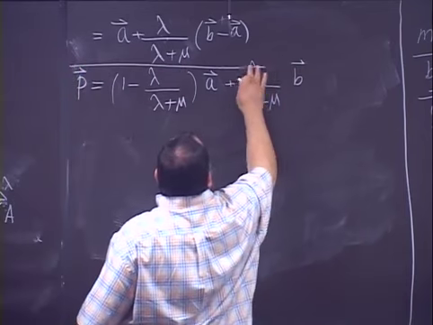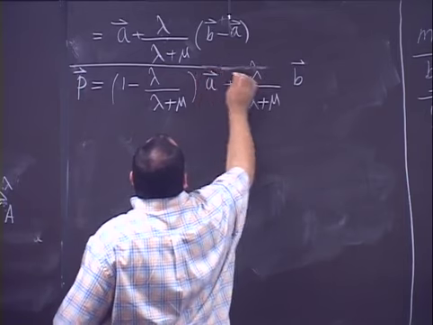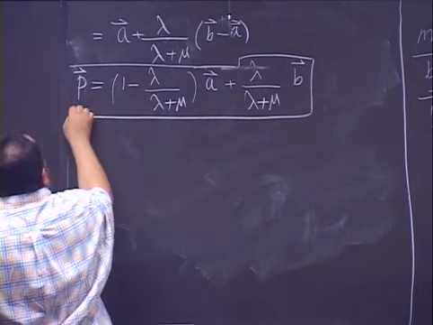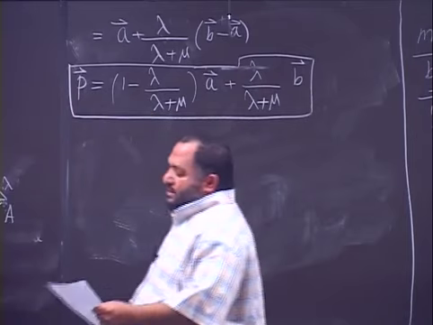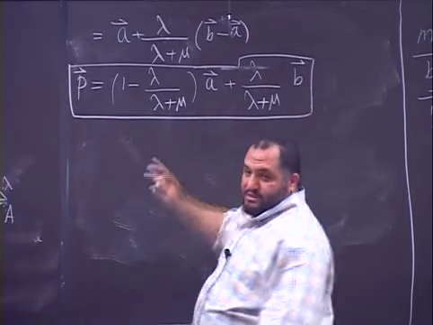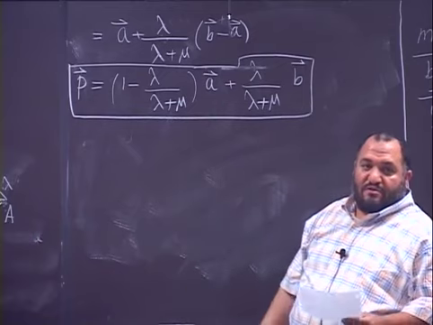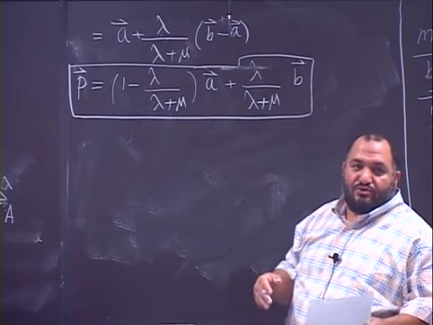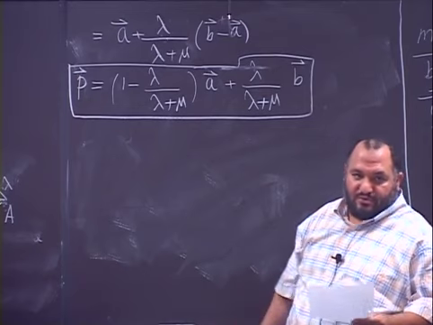And this is called, again, the ratio theorem. This is how to get the position vector P that divides a line segment to a certain ratio, lambda to mu or mu to lambda or whatever.